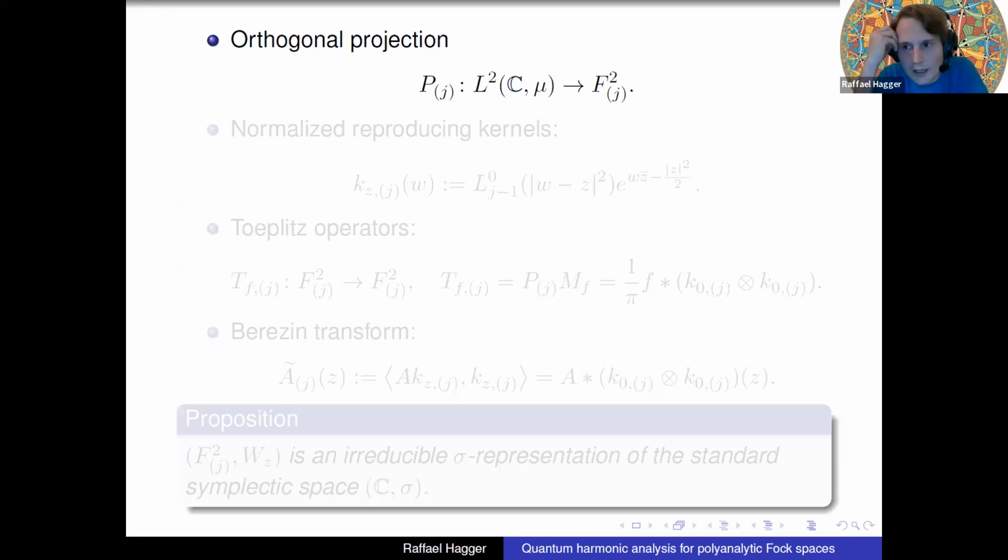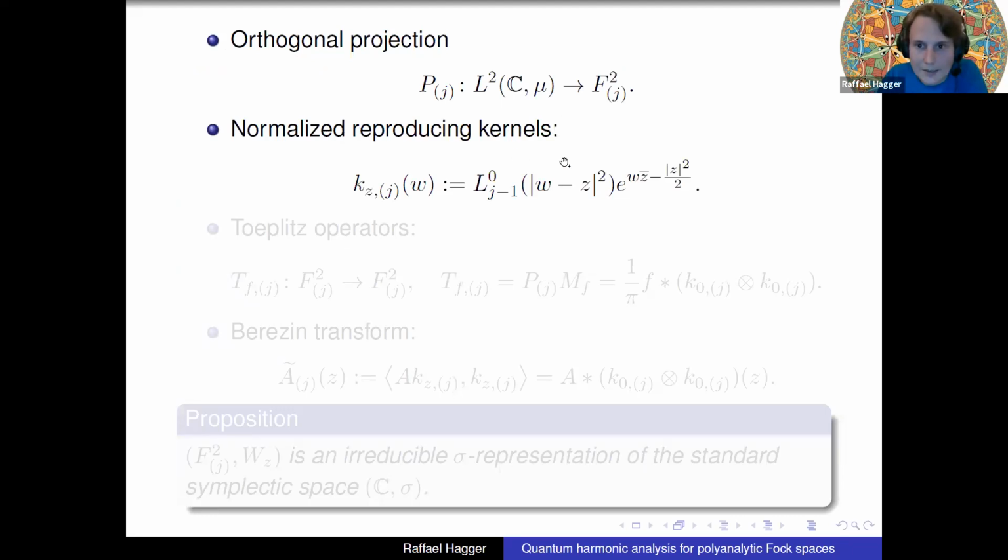And they are just like the analytic Fock space. They are reproducing kernel Hilbert spaces. So you have an orthogonal projection that you can write down explicitly. You have reproducing kernels that you can normalize. They look very similar to the ones on the analytic space, but you have an additional term in front.